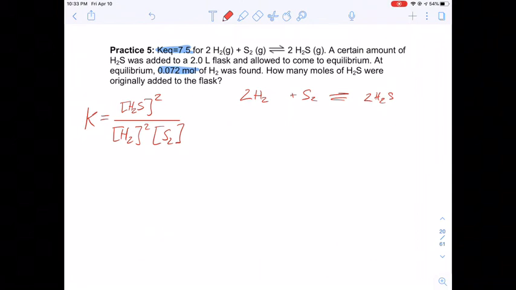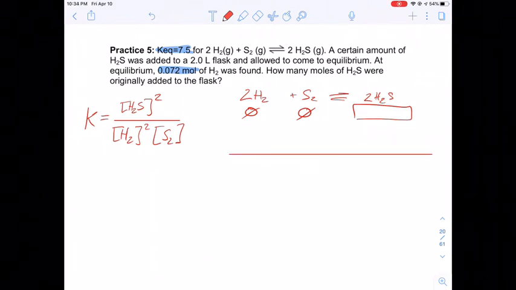So a certain amount was added to a 2-liter flask. This is an unknown, right? This is a value we don't know. So I'm going to just put a big box here. That's the number we're looking for, but we do know that there was none of this stuff. So that's interesting.